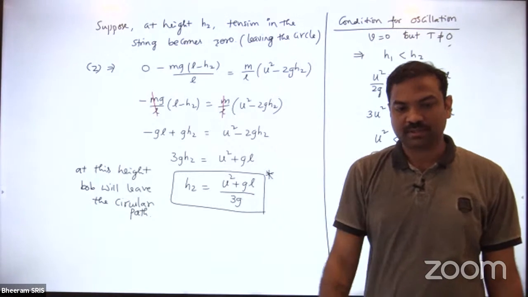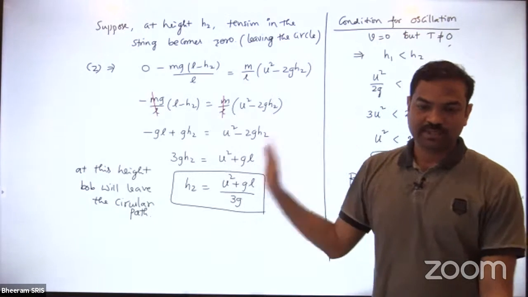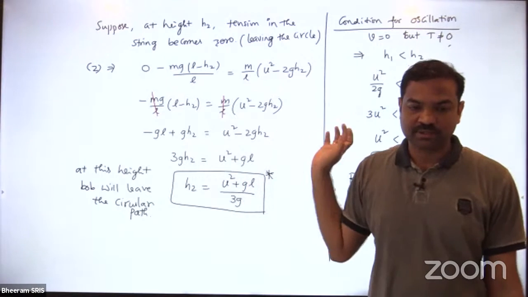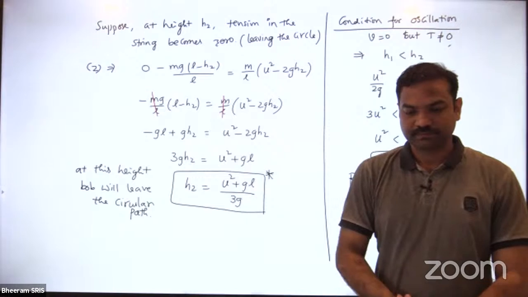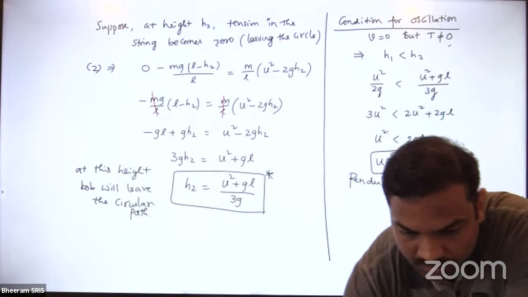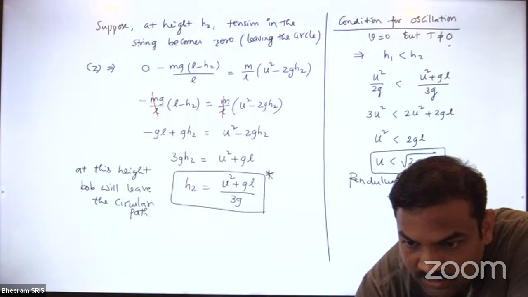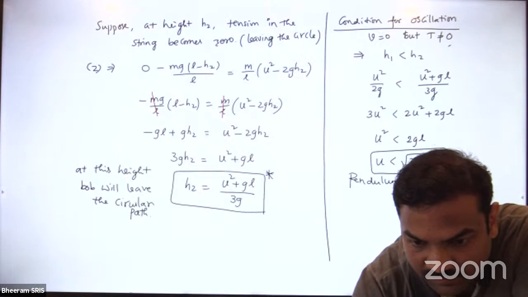Next class, I'll discuss this part again. I'm not going to write it down again, but I'll explain again. So all of you try the conditions of leaving the circular path and oscillation, and we'll discuss it in the coming class. Bye, everyone.